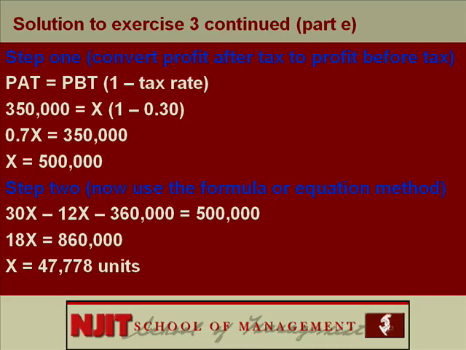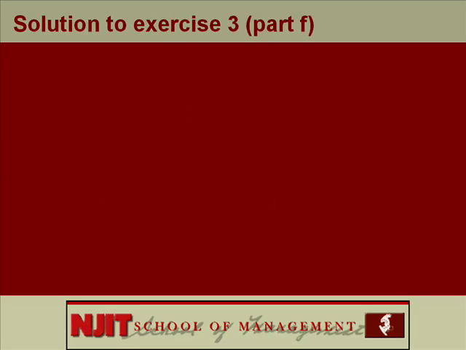So the final answer is, if you want to make a profit after tax of $350,000, you have to sell 47,778 units. Okay, that wasn't too bad, was it? Let's look at part F.